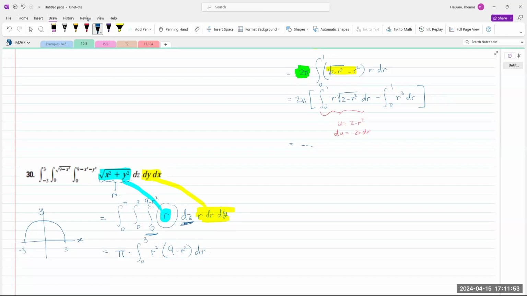On the other hand, for the d theta, the integrand and all the limits of integration are independent of theta. So this guy here will just give us pi. And then from there you continue yourself.